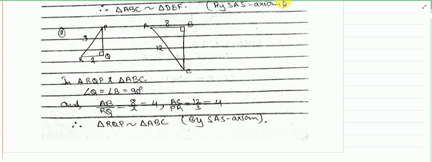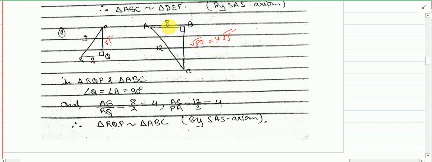Or it would have been better to do it this way. Using Pythagoras theorem, this will be root 5, and this will be root 80, that will become 4 root 5.